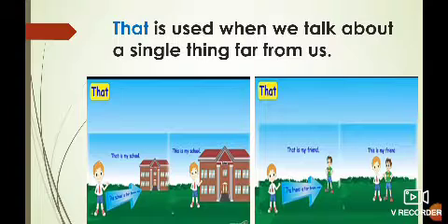And in the same picture, the boy is standing near to his school and he is saying this is my school. So whatever things are far from us, we will use that, and whatever thing is near to us, we will say this. See the next picture.